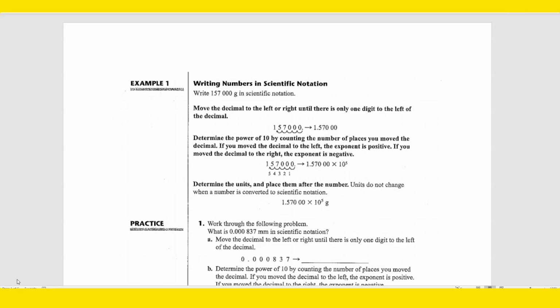All right, so on the screen, you've got a problem that's dealing with scientific notation. Now, there are several ways you can approach scientific notation, and I'm going to elaborate further. Here's the thing. When you have a large number, such as what you see on the screen, large numbers are things like this, for instance, 157,000, versus 0.157000.